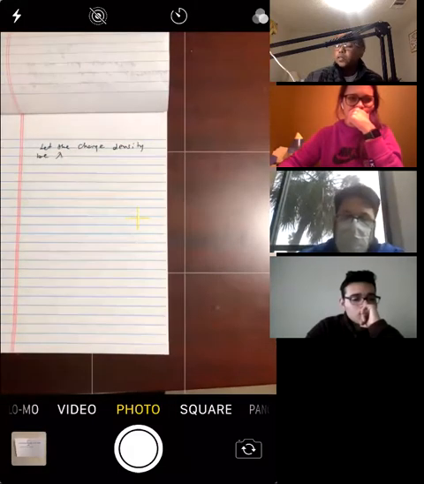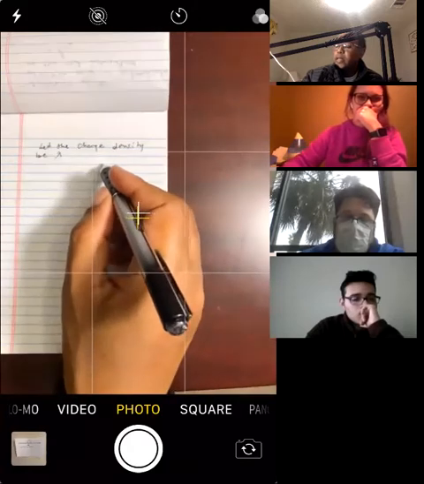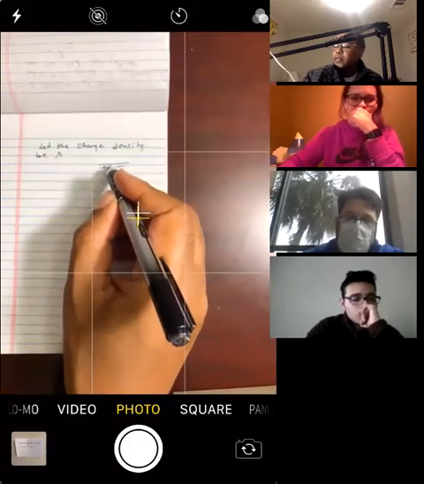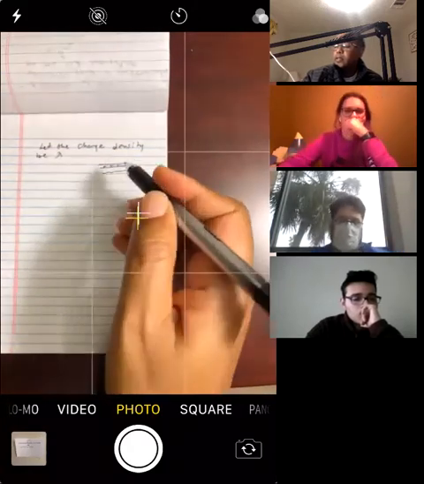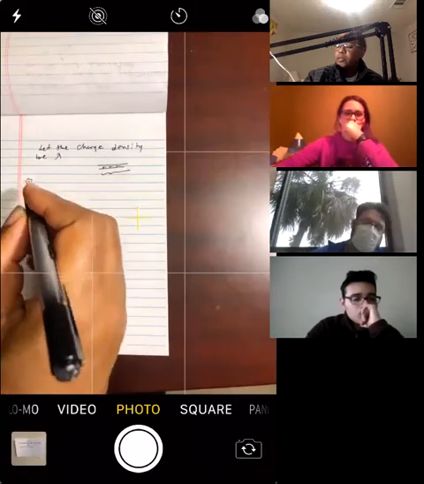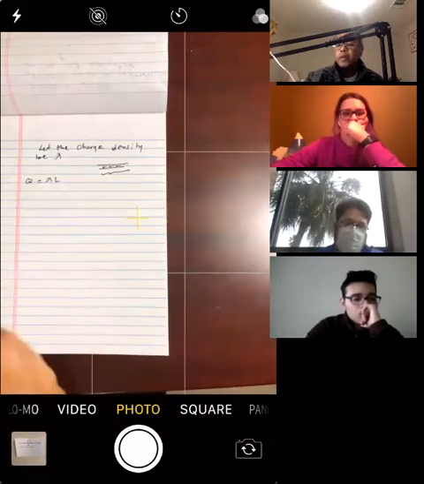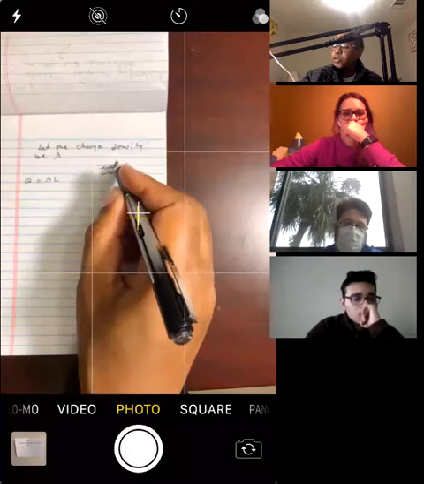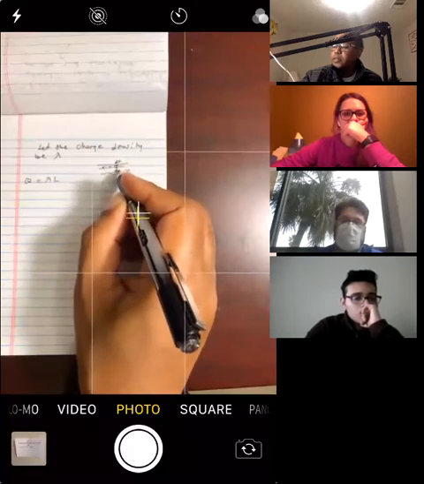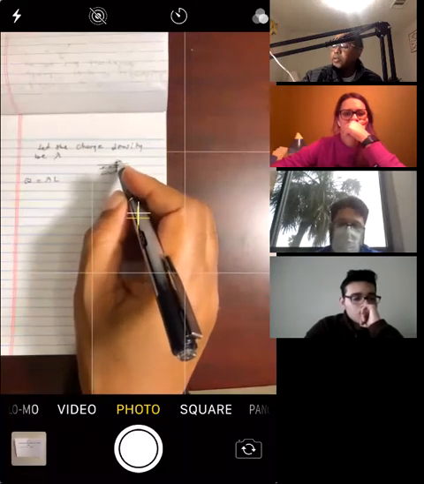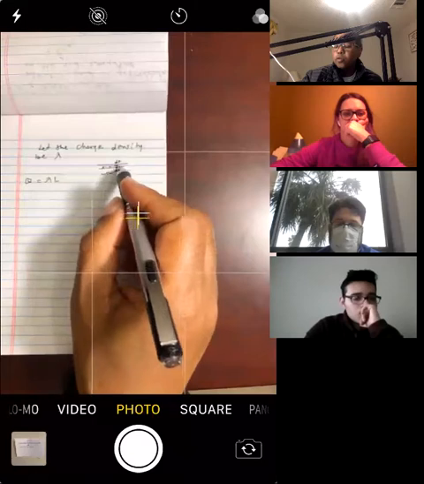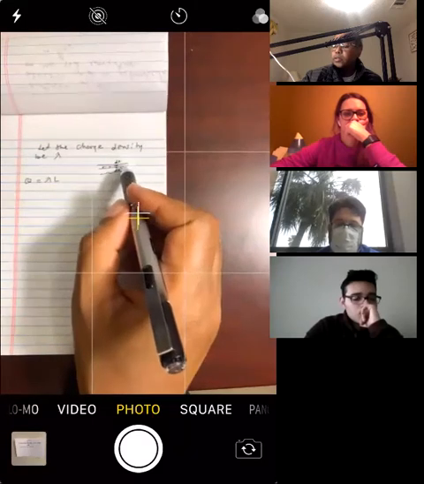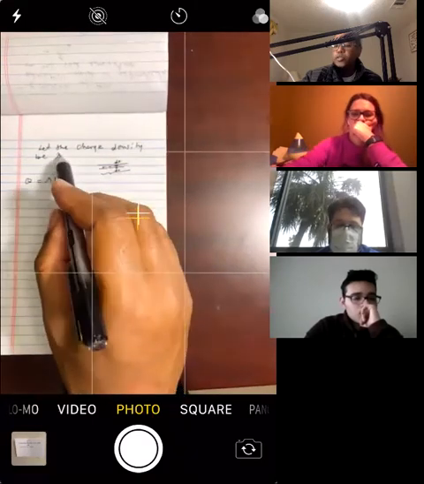If you take a length L like this, the charge is the charge density lambda times the length. This is linear charge density: you take a charge dq over here and divide by dx, that's your charge density. Now this is uniform, the density is constant everywhere, so the charge is going to be the charge density times the length.